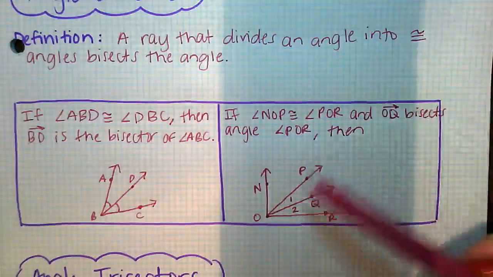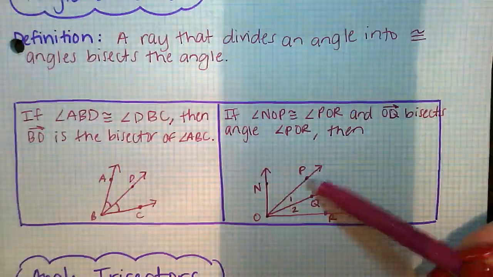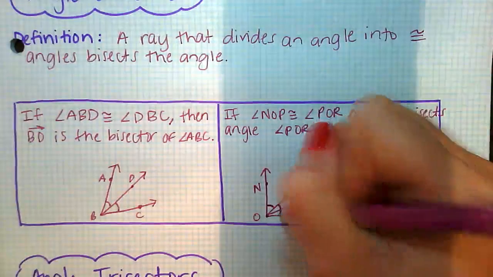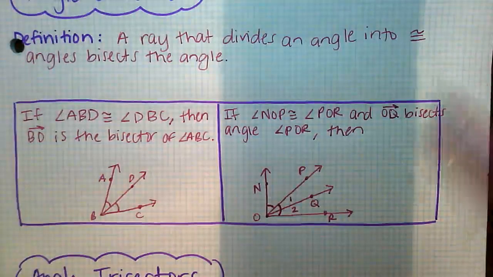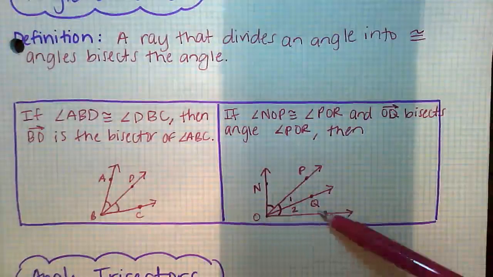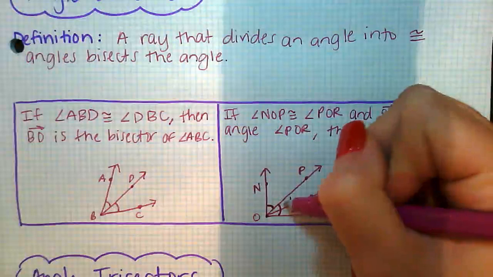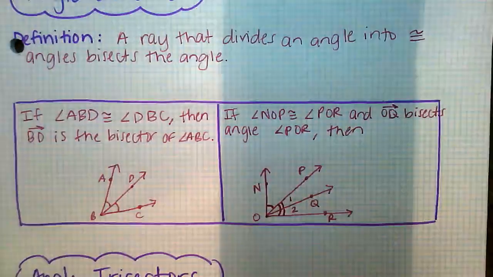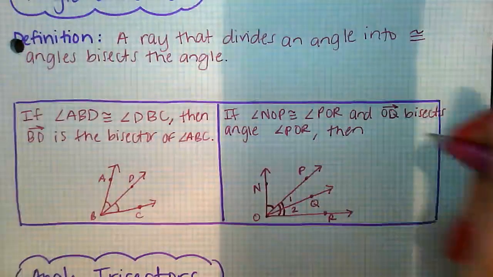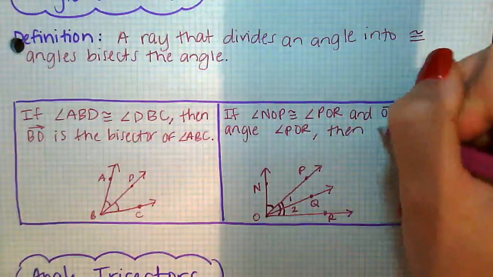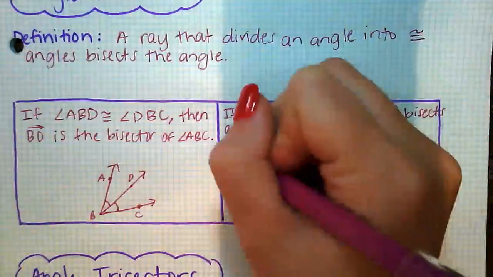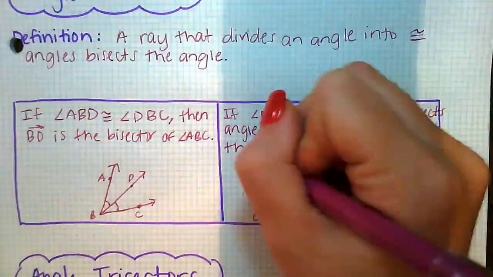So let's think about this for just a second. NOP is congruent to POR, so I could put a single arc here and a single arc here. And ray OQ bisects angle POR, so not only is this one congruent to this one, but that one's congruent to that one. Then what conclusion can we make? Then we're concluding that ray OP is the bisector of angle NOR.